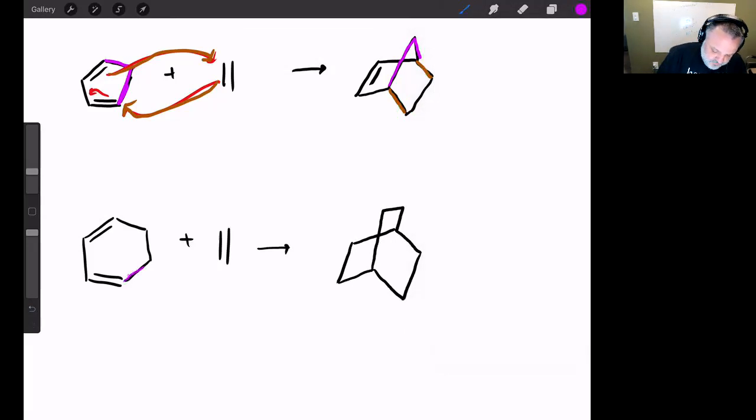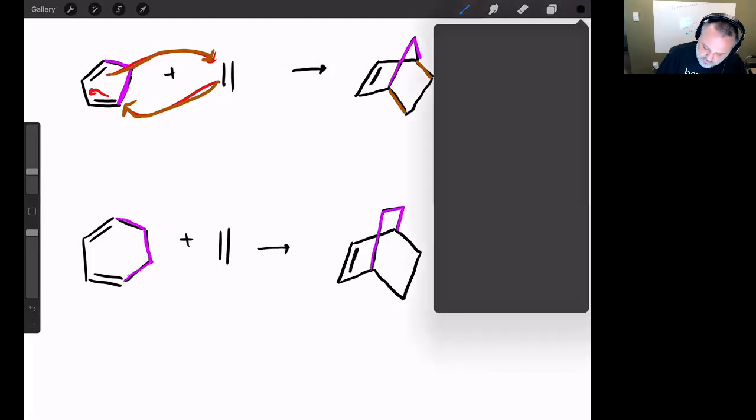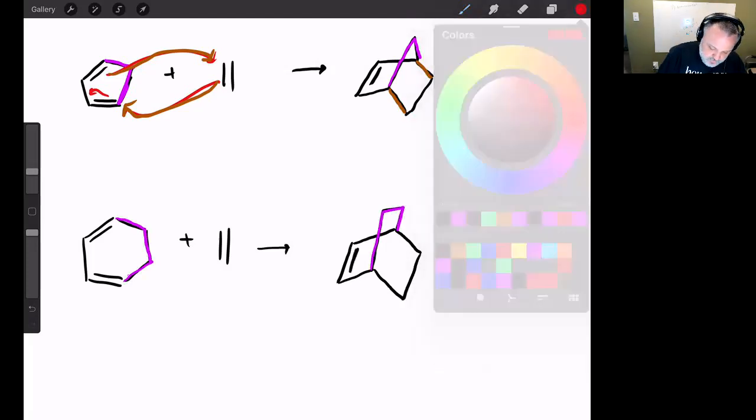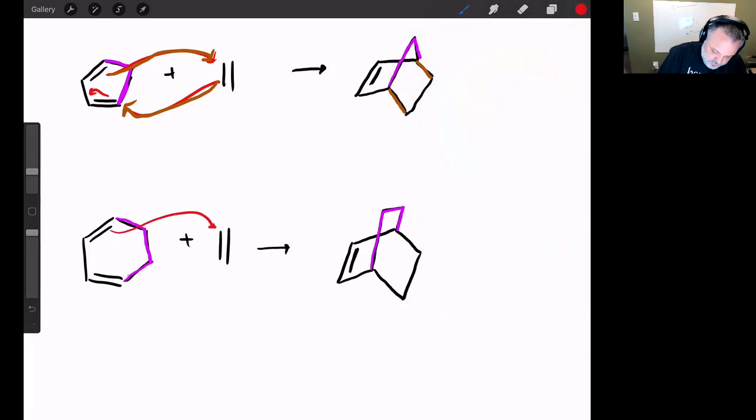And here are the bonds that were already in existence. There they are, they're still there. And here are the new sigma bonds that are made from the dienophile.